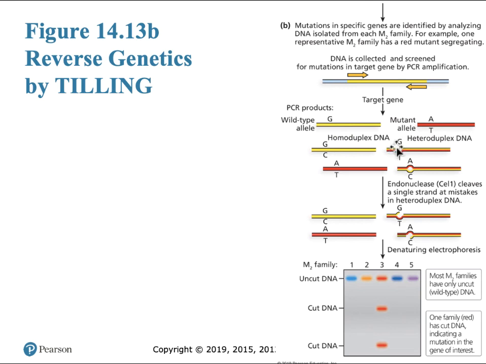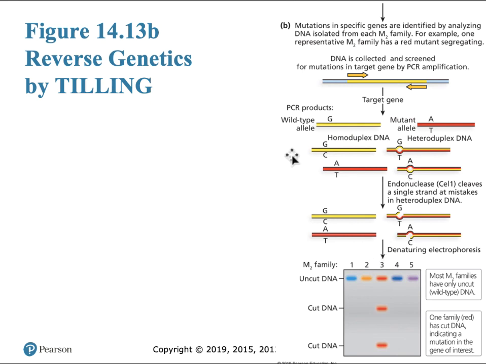And because they've generated this heteroduplex, the heteroduplex can be targeted by enzymes that cleave areas of small mismatch within DNA. So Cel 1 is an endonuclease that travels along DNA looking for any small bubbles because of mismatched base pairs. And then it cuts the DNA right there.